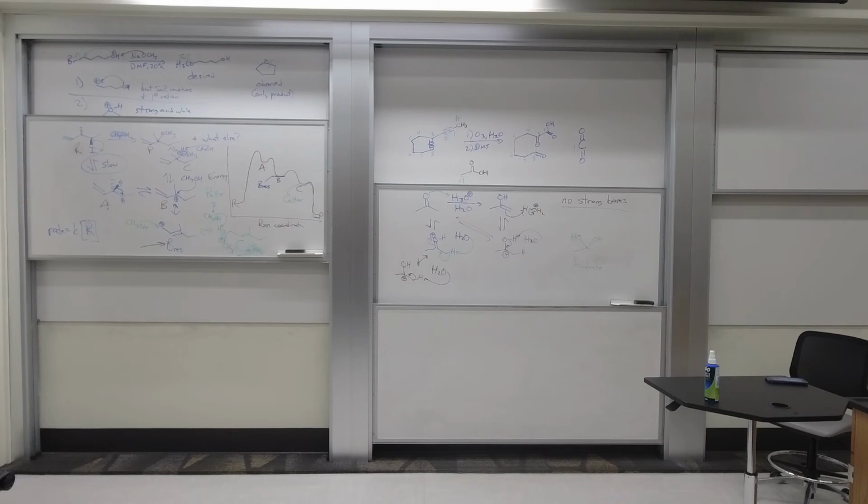So using the mechanism on the board, show me how you'd get to the hydrate. Like I said, I know I said this probably won't be on the exam. I'm not going to focus, but you asked and I put it on the topic, so. And I know you're all keenly interested in Orgo 2 topics.